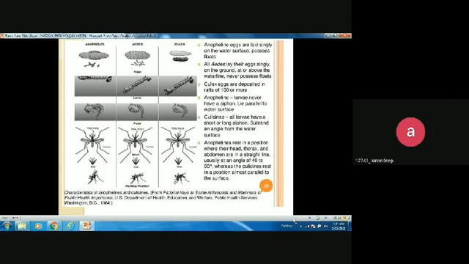Fourth, Anopheline larvae never have a siphon, and lie parallel to the water surface. Fifth, Culicine larvae all have a short or long siphon, and subtend an angle from the water surface. Sixth, Anophelines rest in a position where their head, thorax, and abdomen are in a straight line, usually at an angle of 40 to 90 degrees, whereas the Culicines rest in a position almost parallel to the surface.